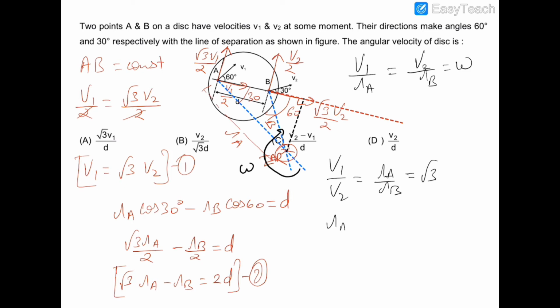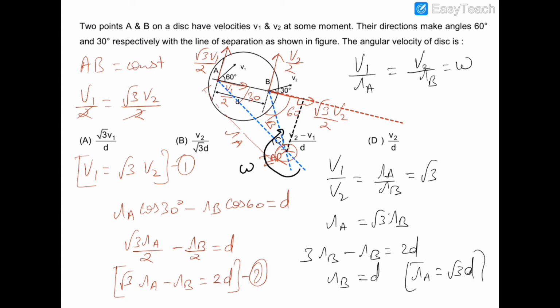So RA is equal to root 3 RB, and if we substitute this value in equation number 2, you can see that root 3 RB minus RB is equal to 2D. So RB is equal to D and RA is equal to root 3 D, because RA is equal to root 3 RB.